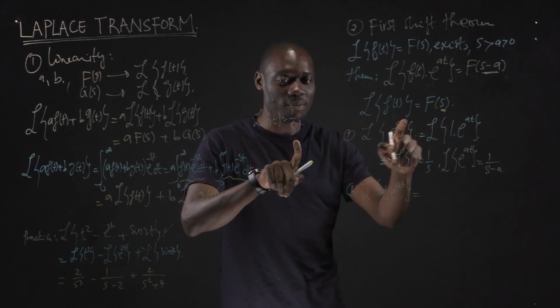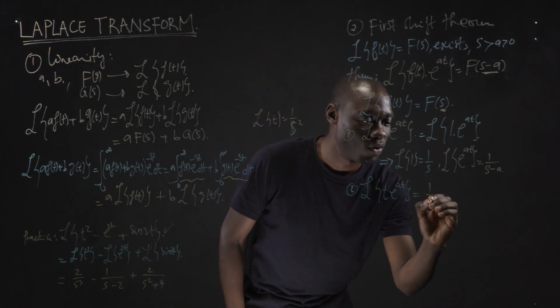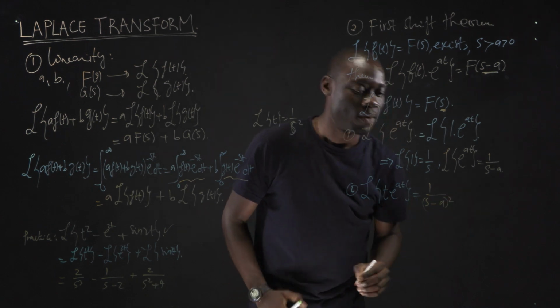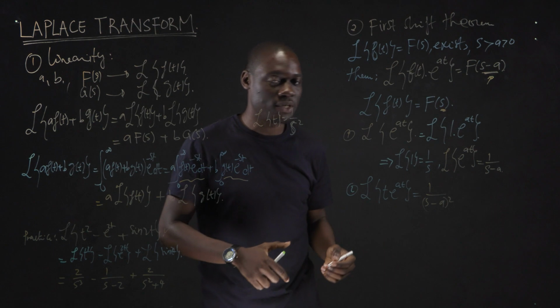Solving this using the first shift theorem will give 1 over (s minus a) squared, because I substitute the s by s minus a from this theorem.